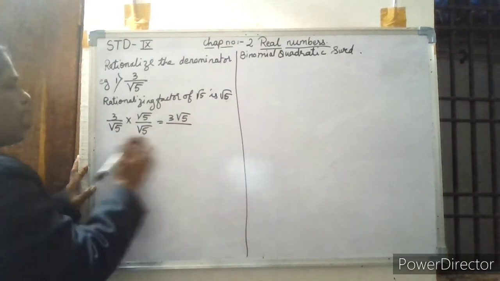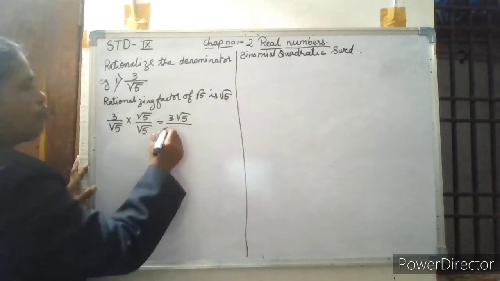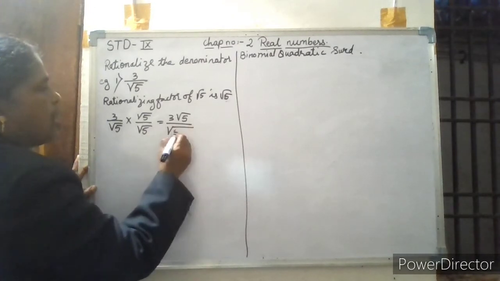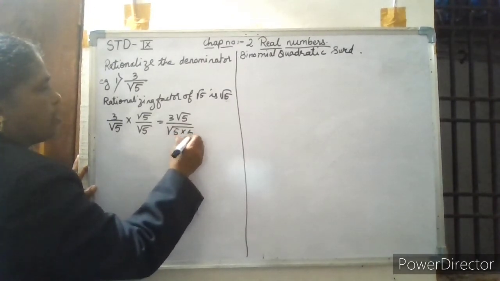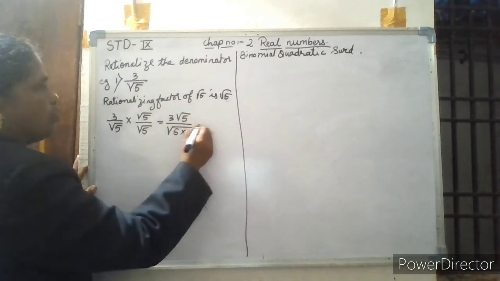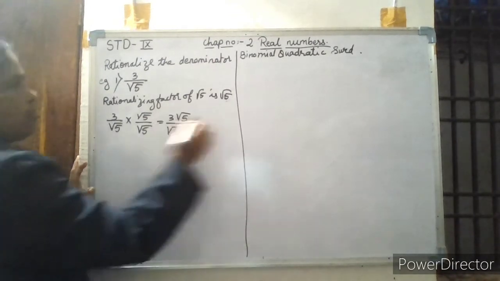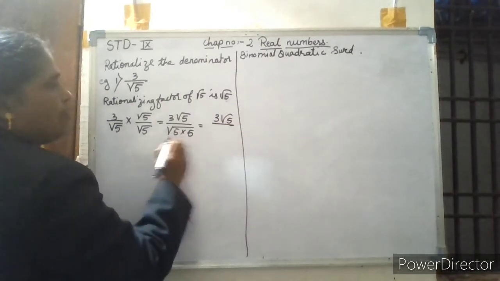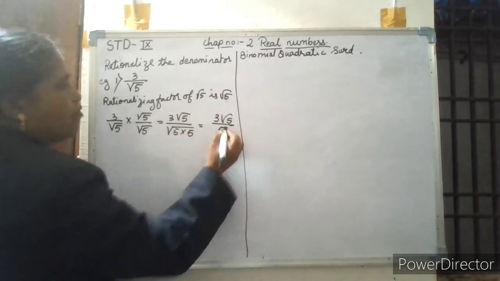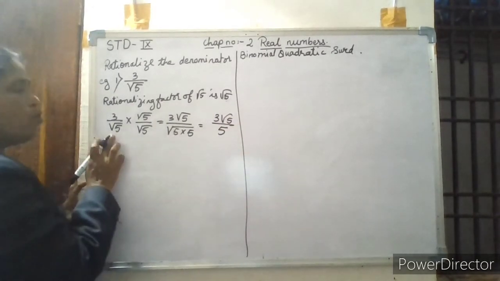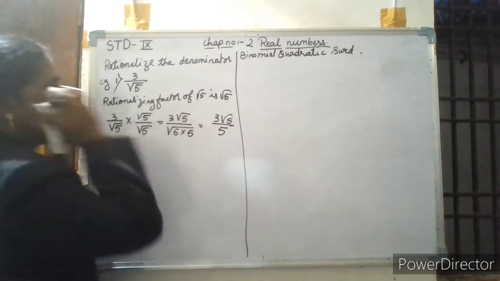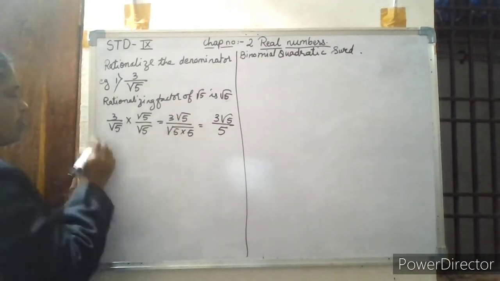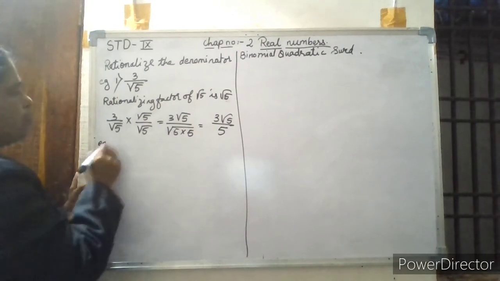Under this, root of 5 into root of 5 will go under as root of 5 into 5. So this is equal to 3 root of 5 upon 5. Now root of 5 is converted to a whole number.